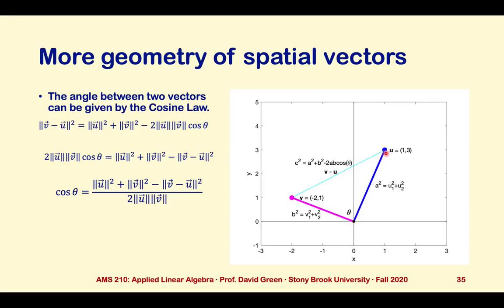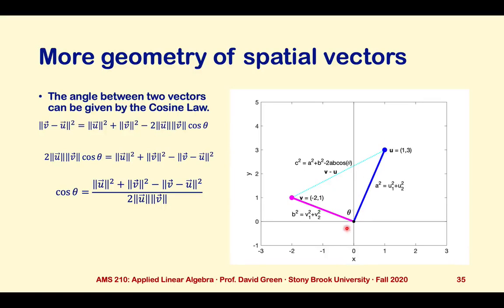If we know the length of one side, the length of another side, and the length of the third side, and we know how to find the difference of these two vectors, so we can find what that vector is, and if we know what the vector is, we can certainly find its length. Once we have the lengths of all of these vectors, we have everything we need in order to find the angle between them. We use the law of cosines.